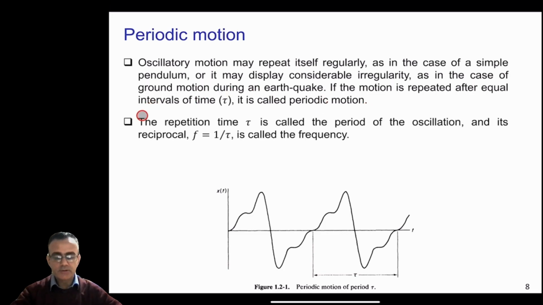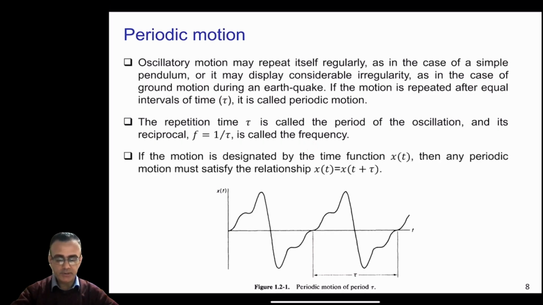So now the repetition time tau is called the period of oscillation, and it is the reciprocal of the frequency, which is f equals 1 over tau. And f is what we call the frequency, which is the reciprocal of the time period.